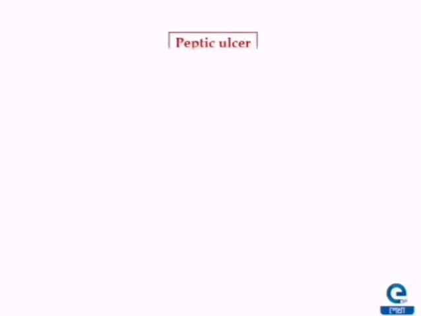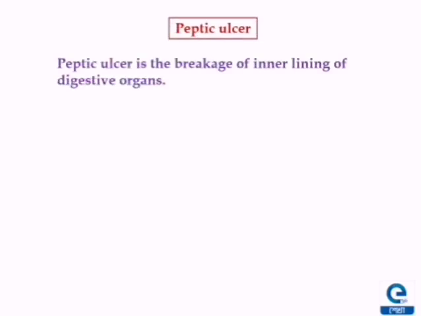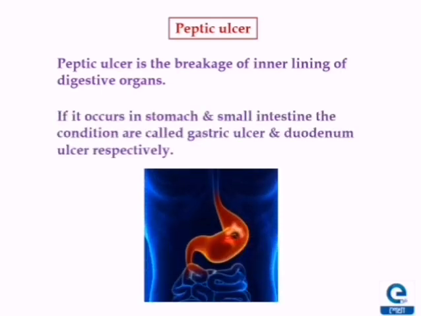Next, we move to the next problem, that is peptic ulcer. Peptic ulcer is the breakage of the inner lining of the digestive organs like the stomach and small intestine. If the problem occurs in the stomach, the condition is called gastric ulcer, and if the problem occurs in the small intestine, the condition is called duodenal ulcer respectively.